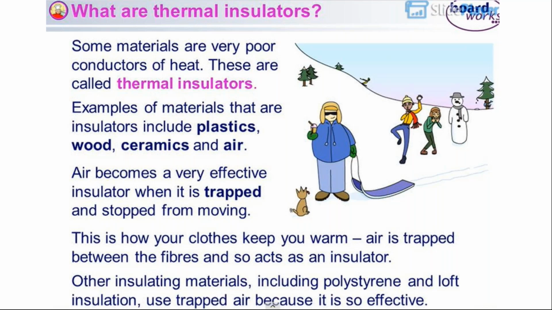But conductors are materials that conduct heat energy very well, like metals, and that's why we cannot use them, because they can easily lose the heat energy by conduction. That's why we should use thermal insulators. Air itself is also an excellent insulator, but you know that air does allow convection.